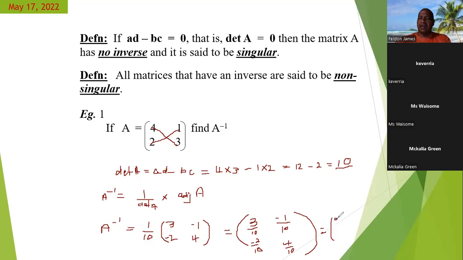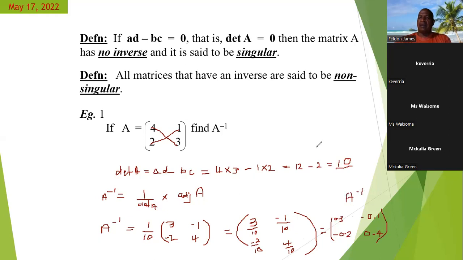So 0.3. And then for this one over here, it will be negative 0.1. Down here, you would have negative 0.2. Over here, you would have 0.4. And that would give you your A inverse.